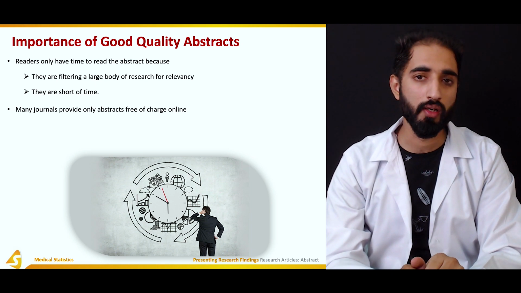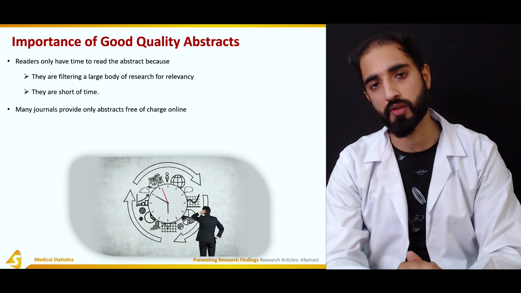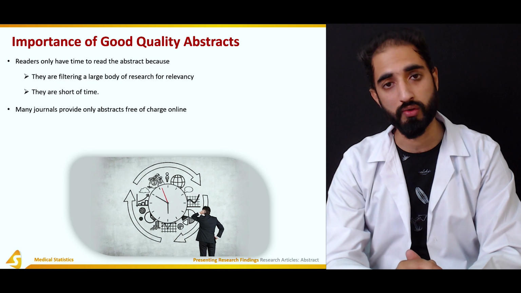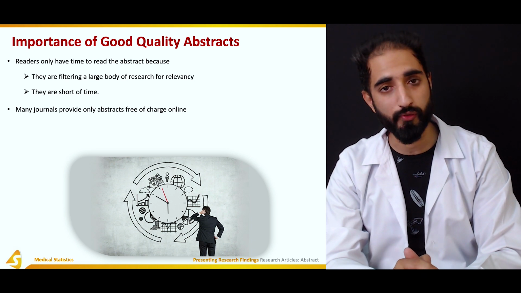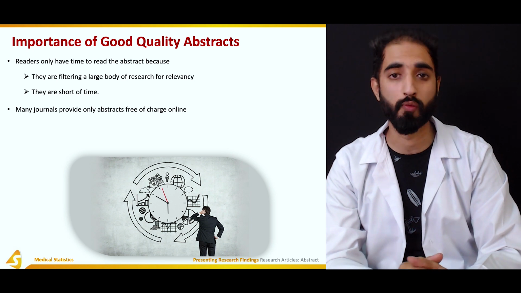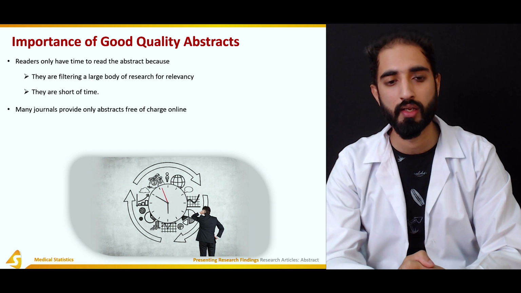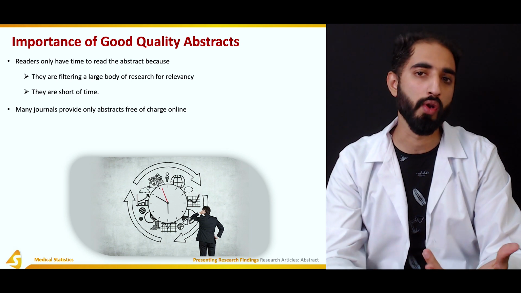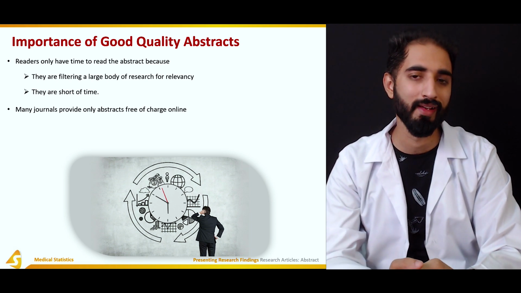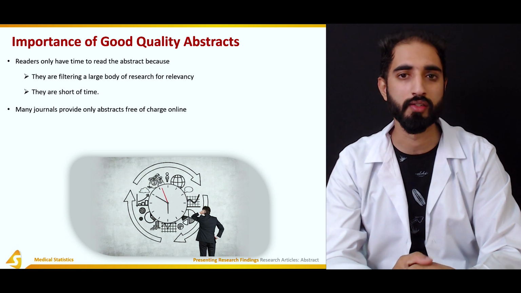Open access journals do provide full manuscripts, but closed access journals do not. They only provide abstracts for free, and researchers only buy the manuscripts which they think are relevant and of good quality. They judge that by reading the abstract. So if your abstract is good, there's a greater chance that people would download and buy your article and cite your article.